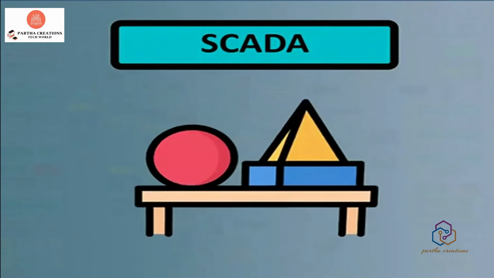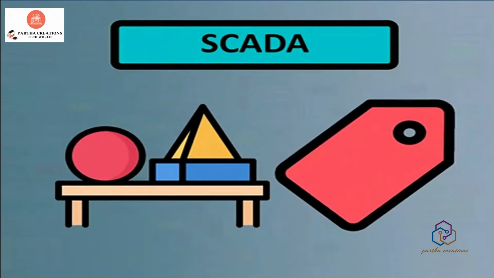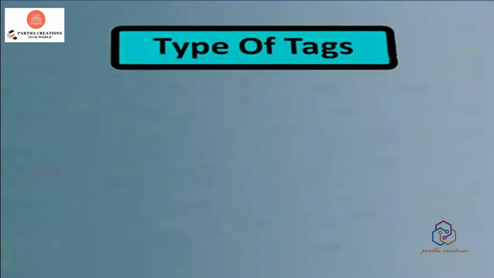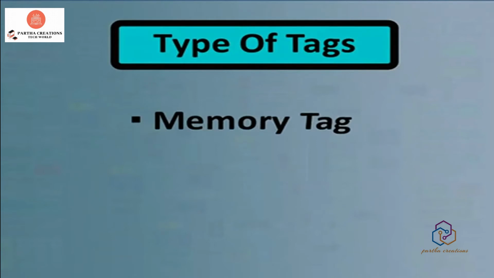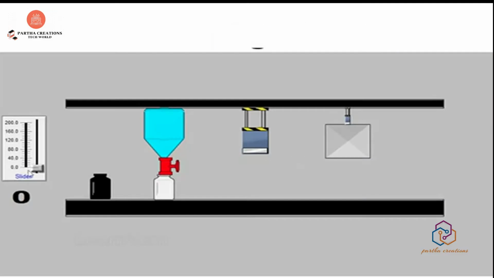Alright. So for different types of objects, we need to choose different tags. We will see how to select the right tag. Mainly, the tag types are memory tag and IO tag. What is memory tag? So assume any animation you have created. You just want to view it in Scada. You don't want the controllers to communicate or control, but simply want to view the animation in Scada.